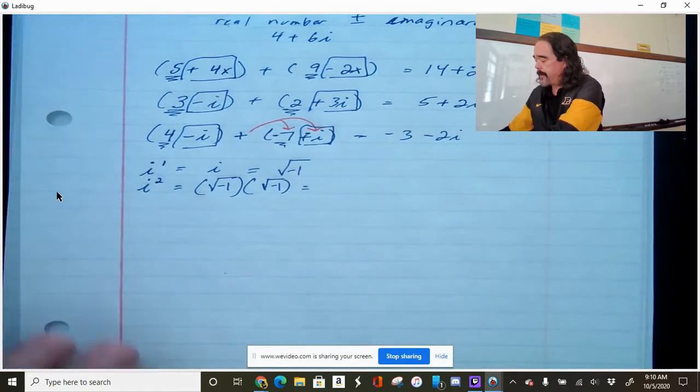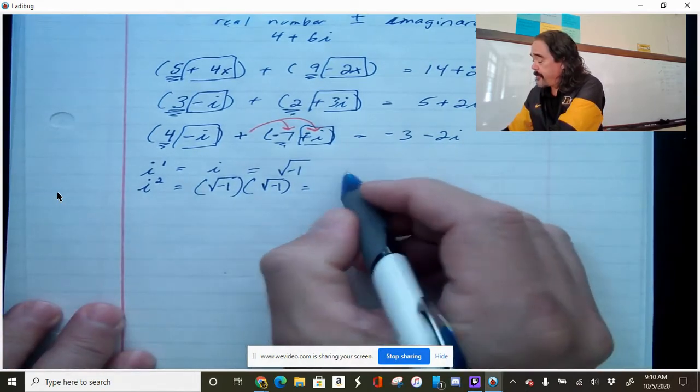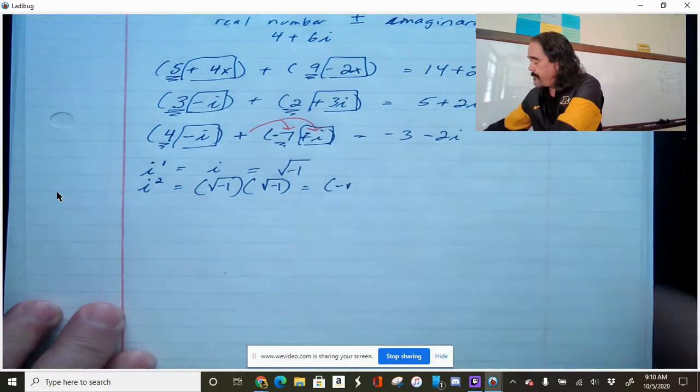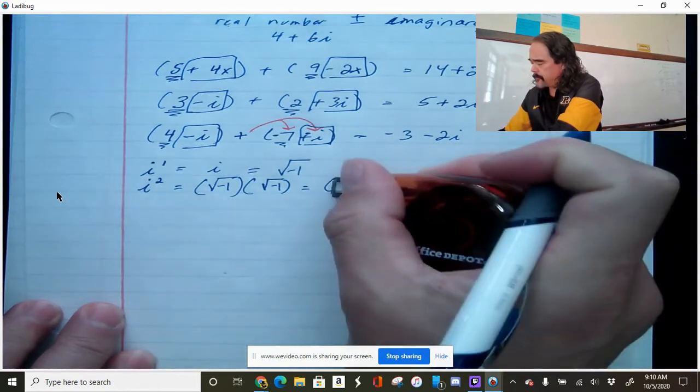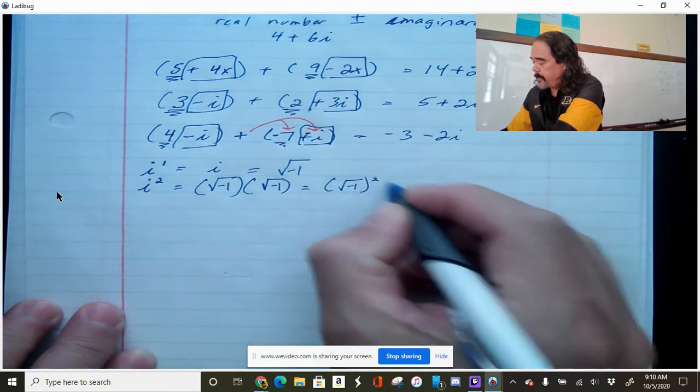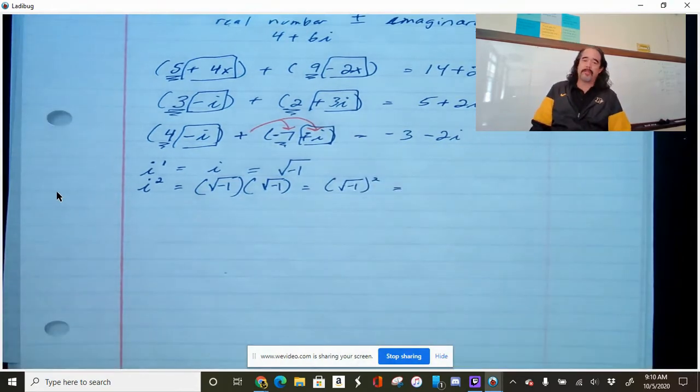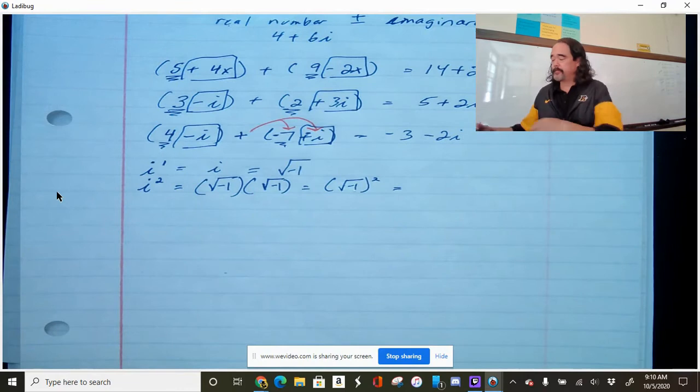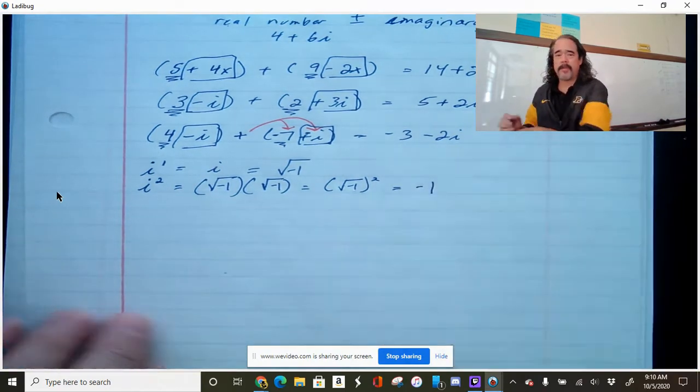Basically what we have here is the square root of -1 squared. Now, we all know what happens when a square root is squared. They cancel out. So we end up getting -1.